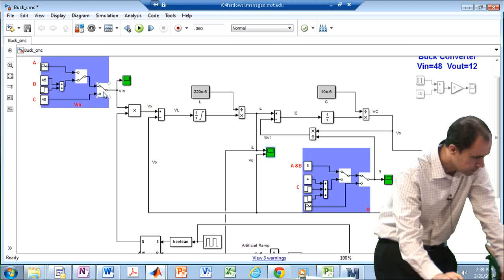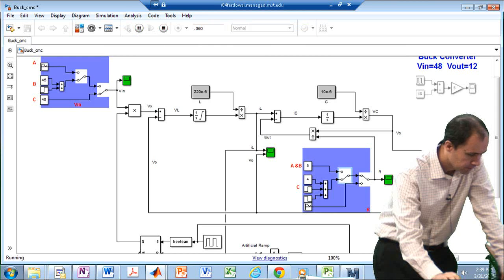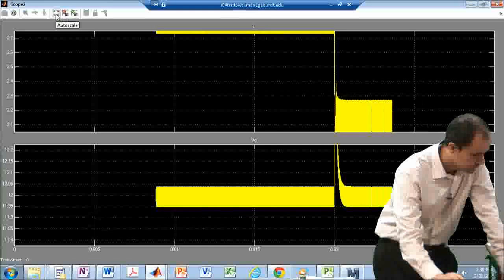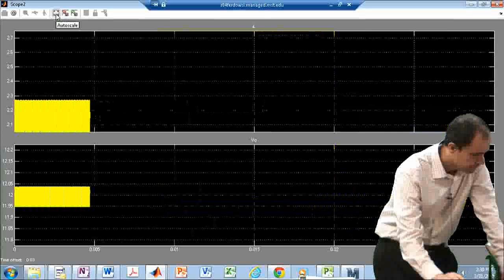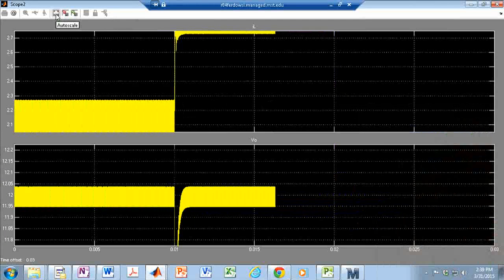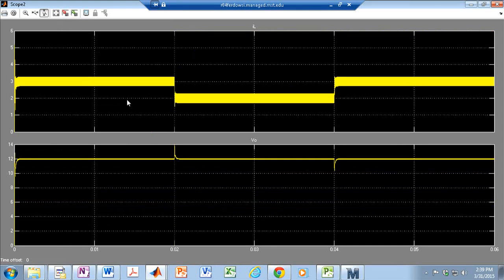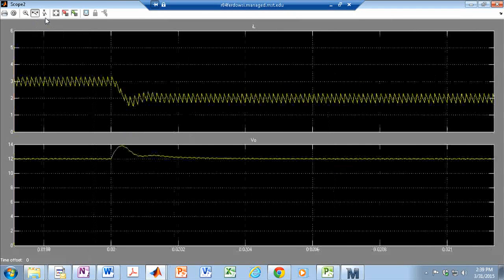All right, so I'm going to keep the input voltage constant and change the load. You can see that we still have the overshoot and undershoot over here, but let me zoom in and see if you can compare them.